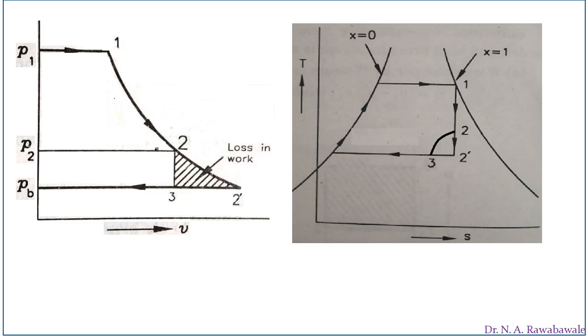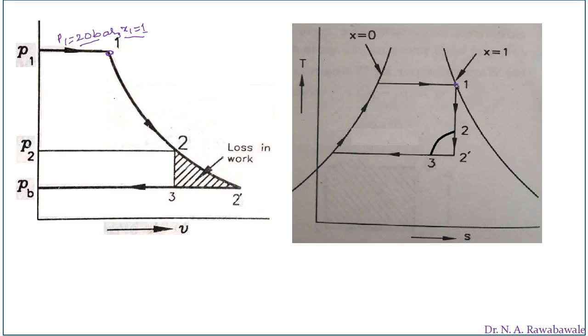Here the steam enters the steam engine at pressure P1 equal to 20 bar and dry saturated, that is the condition of steam x1 equal to 1. At point 1 steam enters the engine with dryness fraction x1 and pressure P1 equal to 20 bar, as shown on the TS diagram.